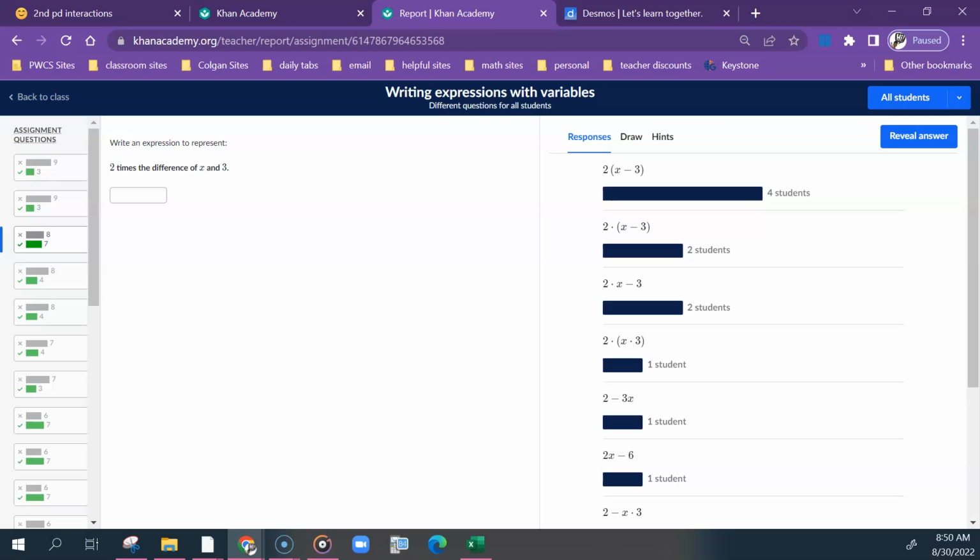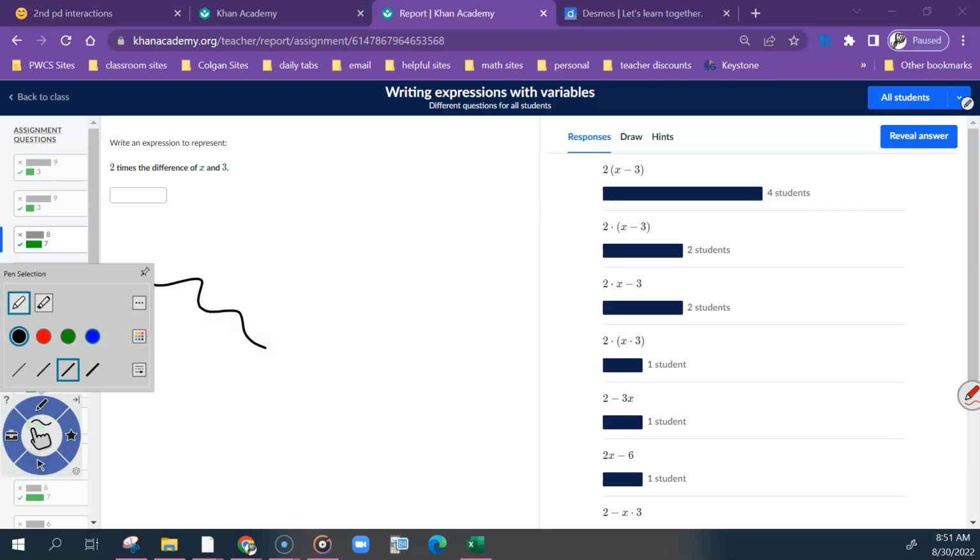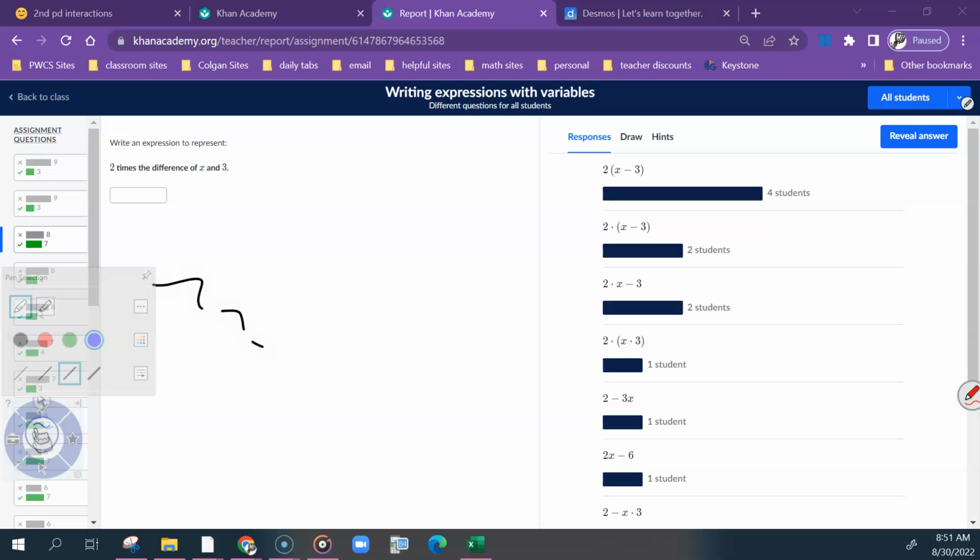So if I had something like 2 times the difference of x and 3, that's probably not the best one. But we know we're going to multiply.